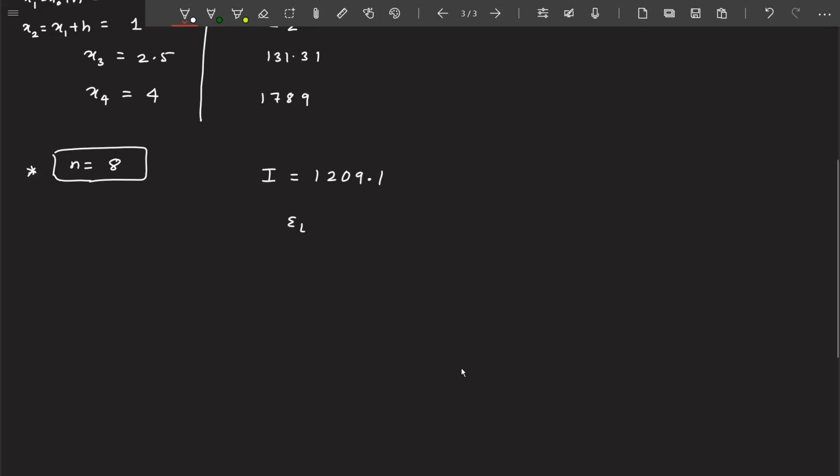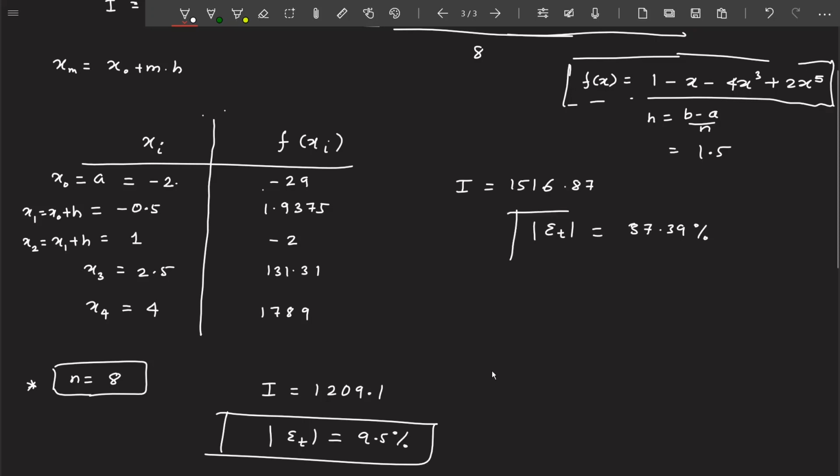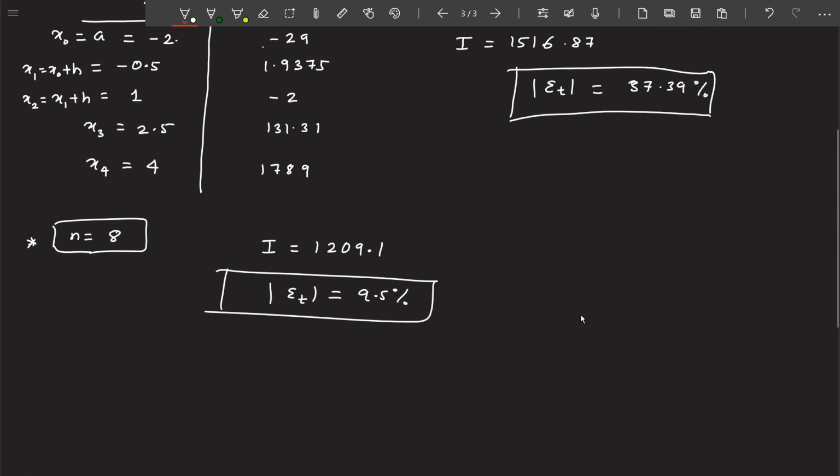Okay, and the percentage error that you're getting is 9.5%. So you can see here, as you increase the number of segments, the percentage error is going to reduce.